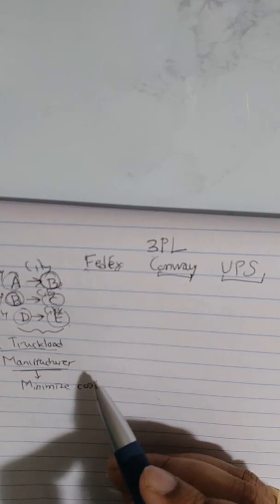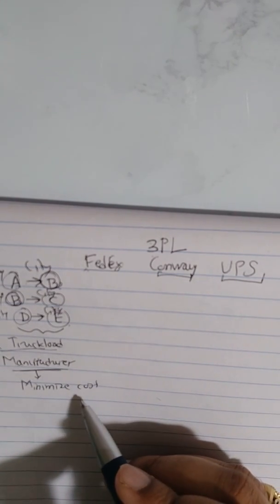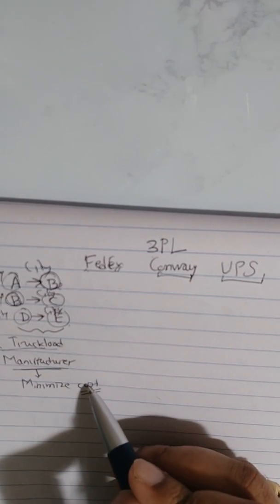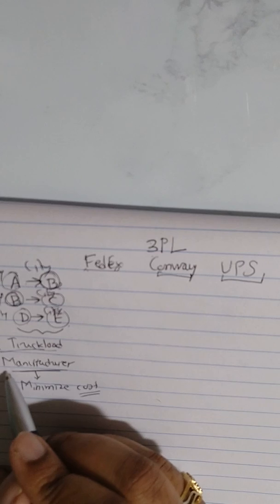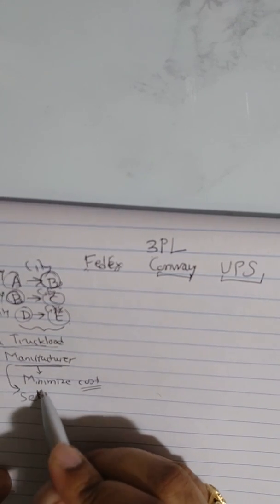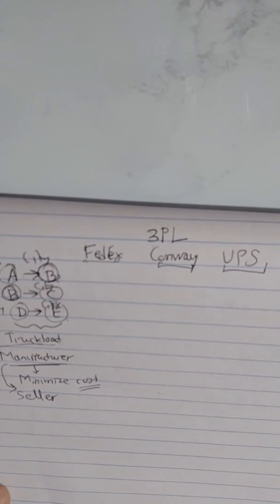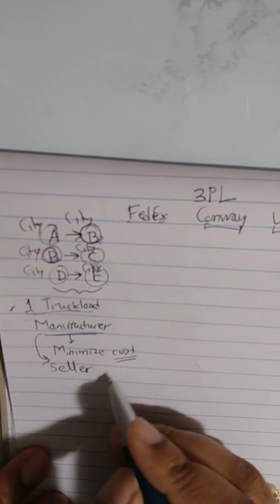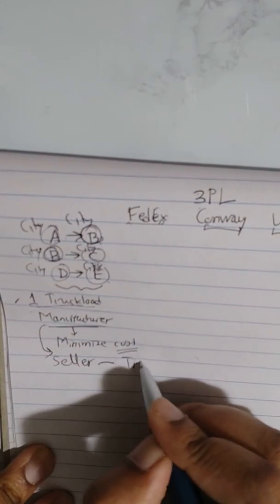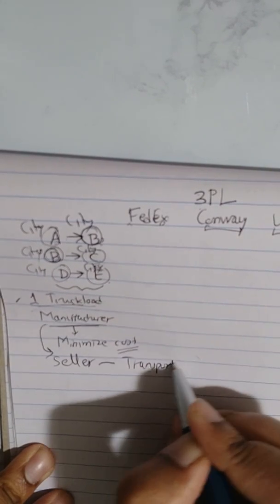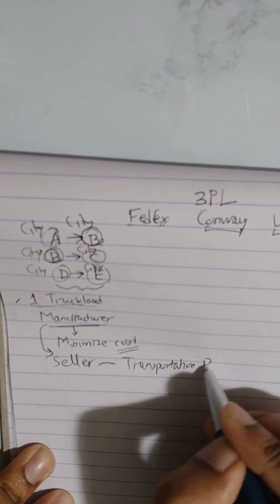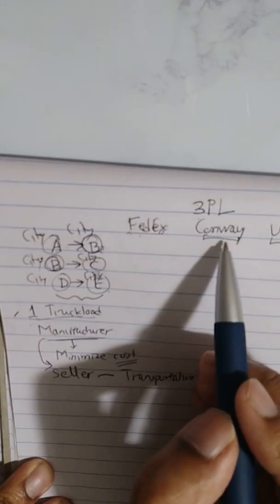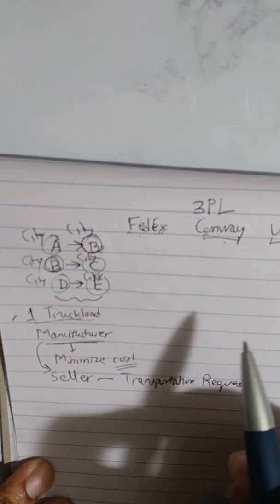The objective in a reverse auction is to minimize the cost of the seller. In this case, the manufacturer is the seller, and it's trying to sell transportation requests. Okay, and these firms like FedEx, Conway, and UPS will bid for these requests.